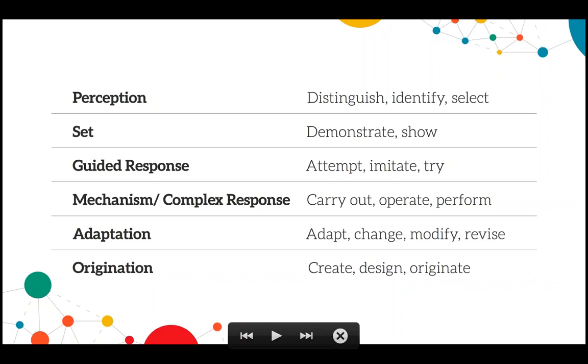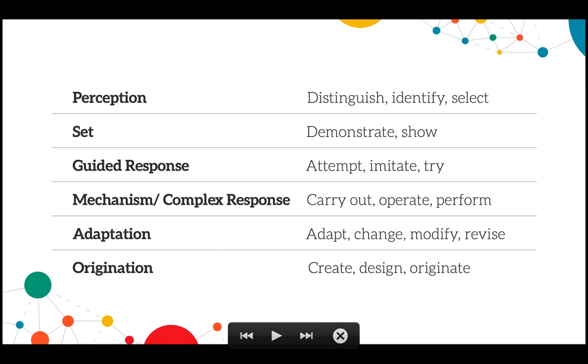These are lower level ones: they could just see what the process is. They might not be actually doing it yet, but they're distinguishing it and identifying key aspects or parts of it. Other action verbs are chooses, describes, detects, differentiates. So those are perception ones.